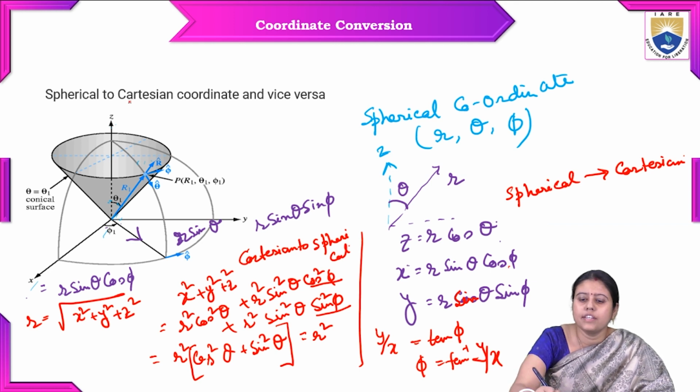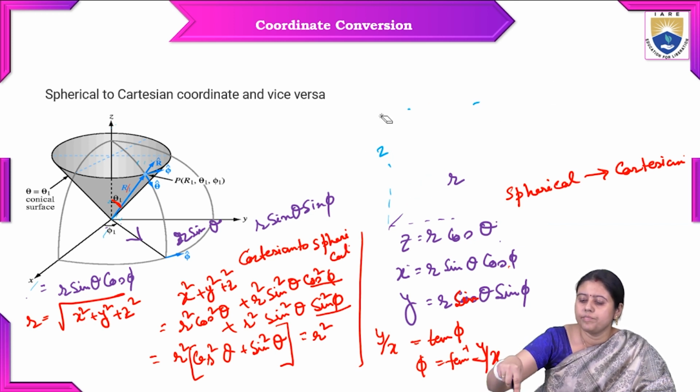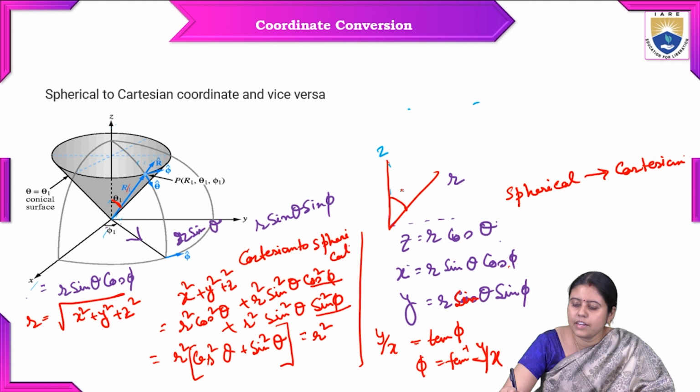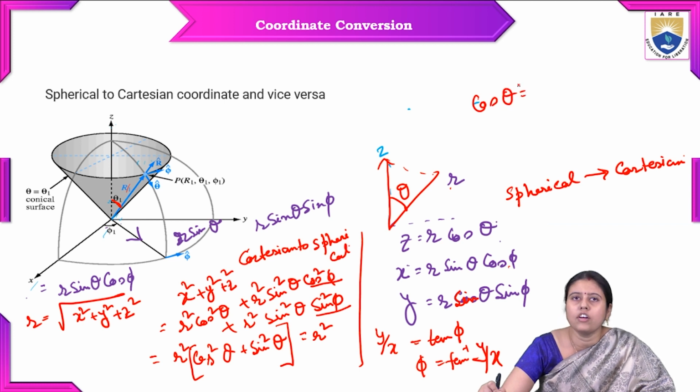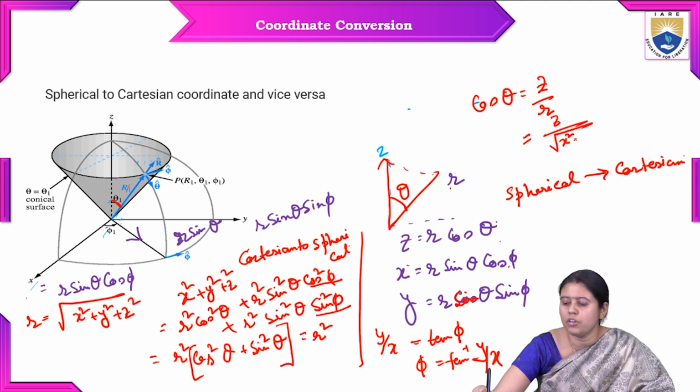Now if we think about this angle, this is the theta angle. So how do we get the theta angle? You can see this is our theta angle, and this is our r. So we can write cos theta is equal to base by hypotenuse, that is z by r. And r is the square root of x square plus y square plus z square.